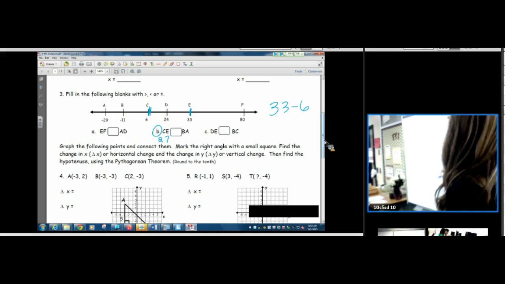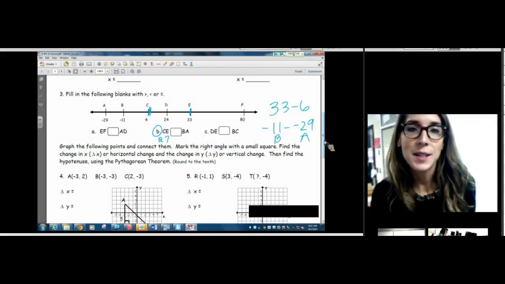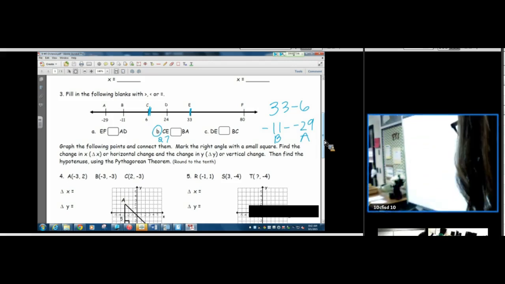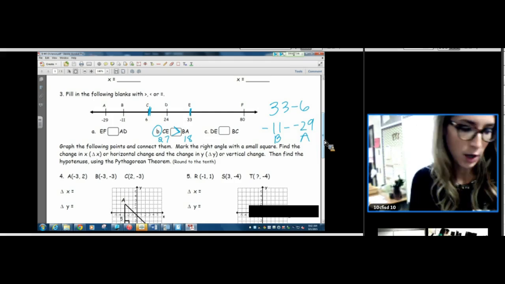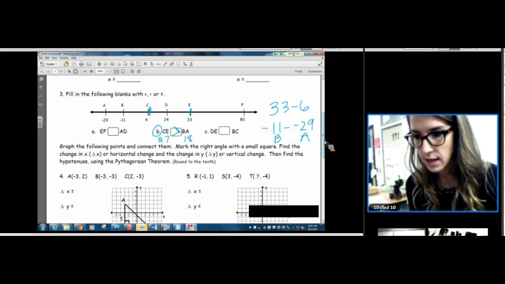And BA, you subtract the coordinates. Here's B and here's A. Now the order doesn't matter because whatever you get, you're going to make your answer positive. So negative 11 minus negative 29 is 18. CE is larger, and so that's why it's a greater than sign.